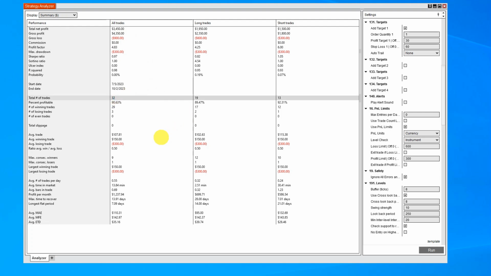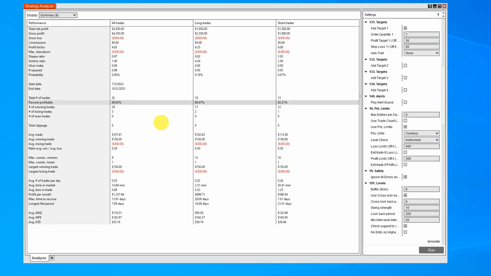Noticeably, we have cut the number of trades down from 134 total trades to only 32. We also went from 75% profitable to 90% profitable. Here we have only a $300 drawdown as compared to a $1,300 drawdown.